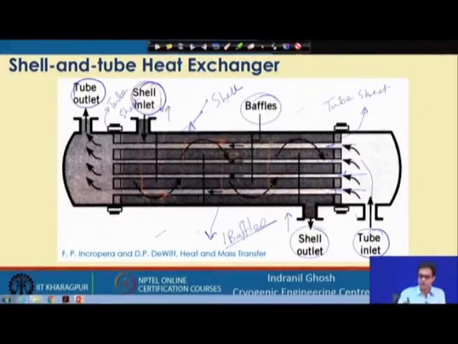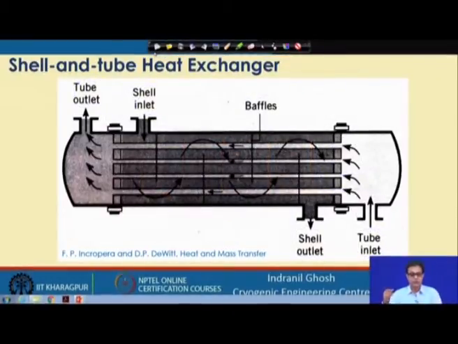So, this cross and counter current arrangement will allow the fluid to stay for a longer time and have a larger heat transfer time. As a result, the heat transfer will obviously enhance, but at the same time the pressure drop penalty has also to be paid. So, this is in a nutshell the shell and tube heat exchanger.